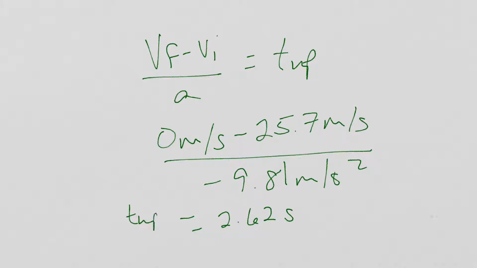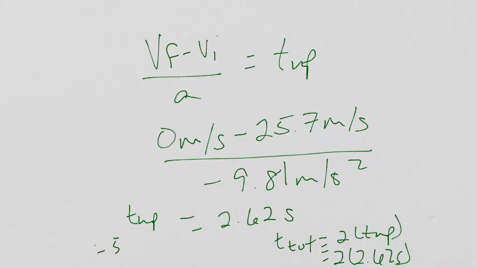This is t up. So then the total time is equal to 2 times t up. So it's equal to 2 times 2.62 seconds, and we get 5.24 seconds, and that is our time.